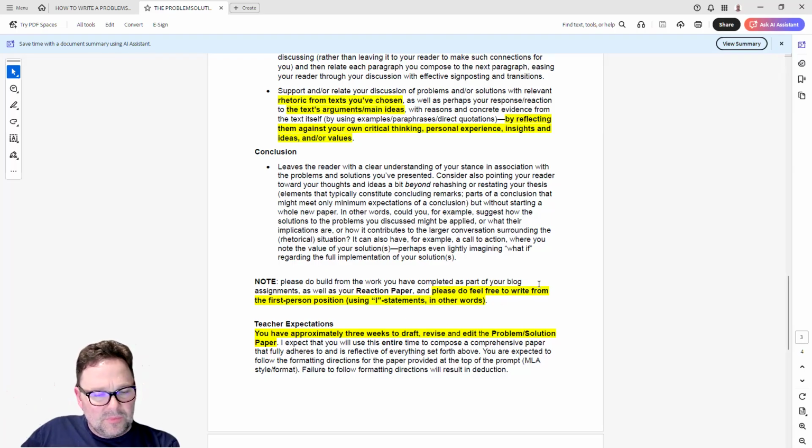Also, invest yourself personally in your writing, using I statements, in other words. Again, I want to see you and your voice emerge in your writing as much as possible.